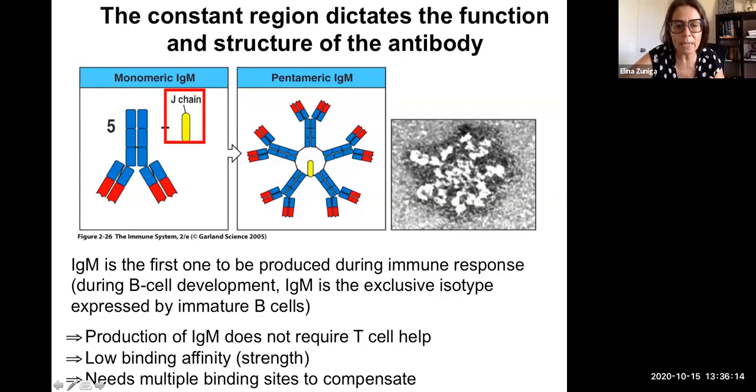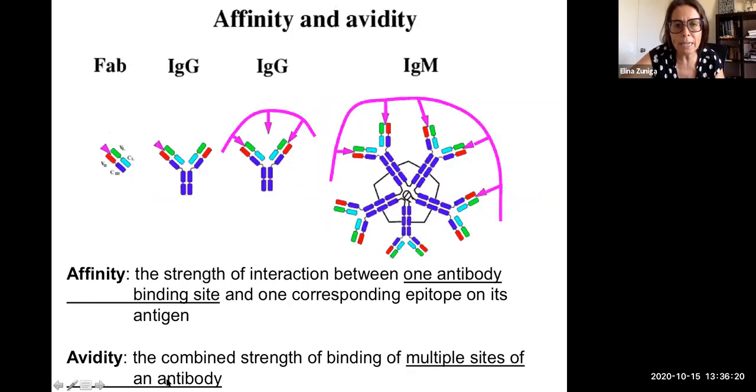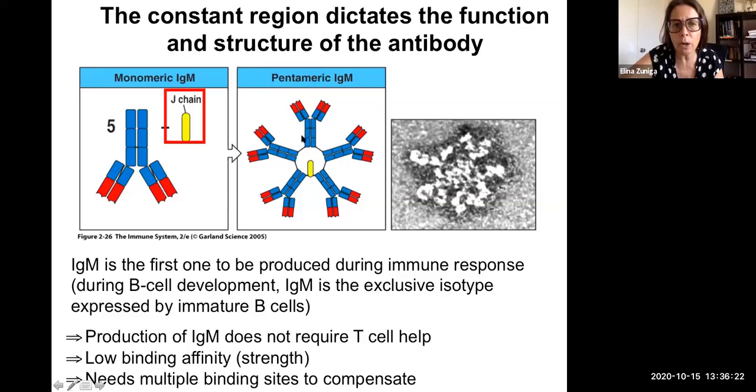However, this is compensated by forming pentameric IgM molecules via the J chain that brings 5 individual IgM molecules together in a pentamer. And that's how IgM exists in circulation.